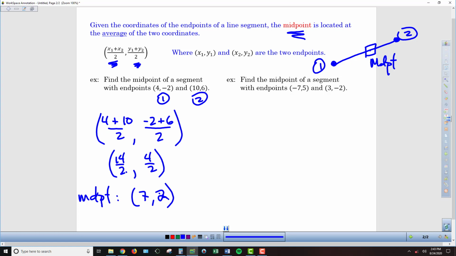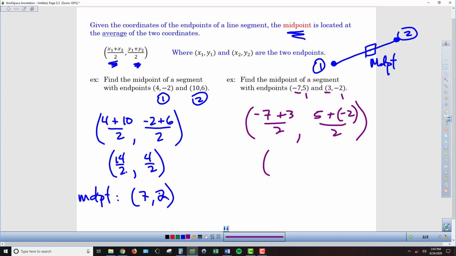For our last example here, just the same thing. So I'm going to add the x-coordinates, so negative 7 plus 3 over 2, and then the same thing for the y's, 5 and negative 2. So 5 plus negative 2 over 2.